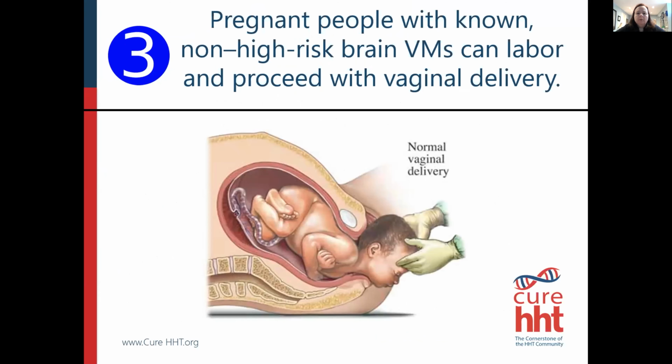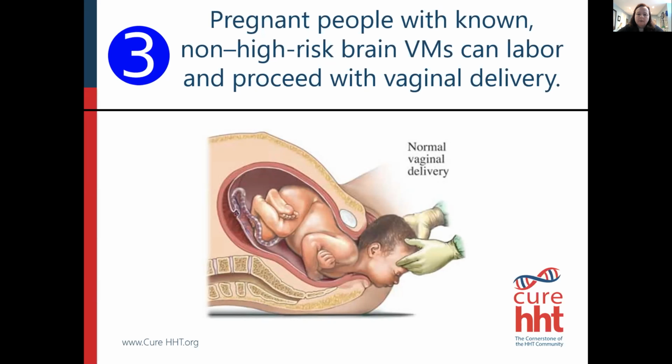So pregnant people with non-high-risk brain AVMs can labor and proceed with vaginal delivery. This is always something we have to discuss when I see patients who have HHT: whether or not they can have a vaginal delivery. And I think there's been a lot of times when doctors were uncomfortable with knowing that a person has HHT and that they may have these vascular malformations, and so they recommended cesarean section.